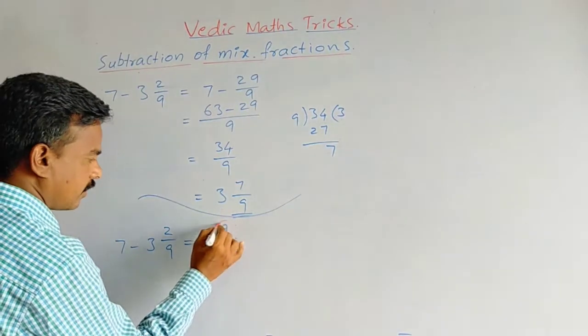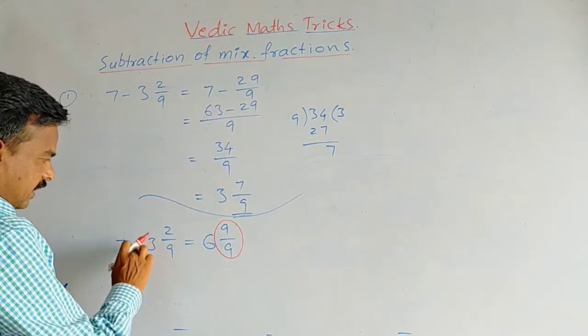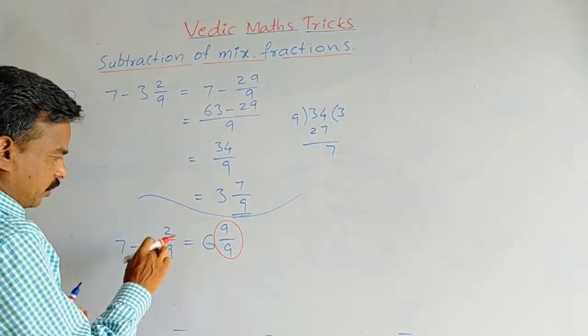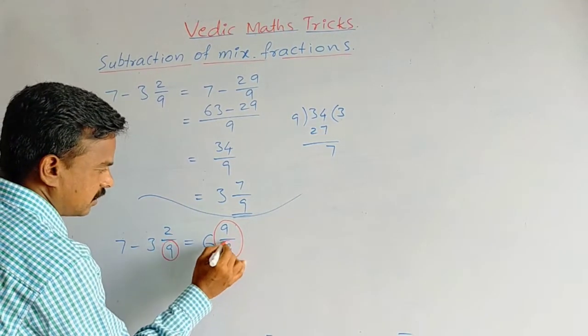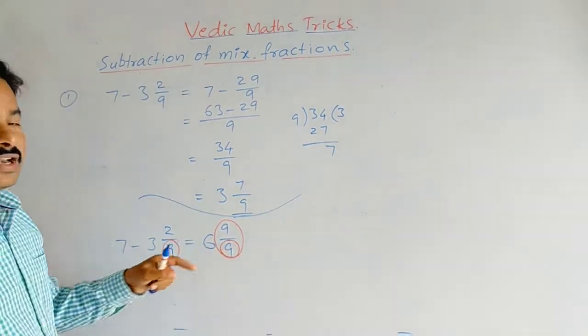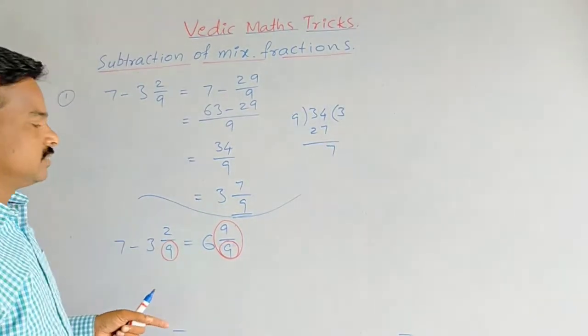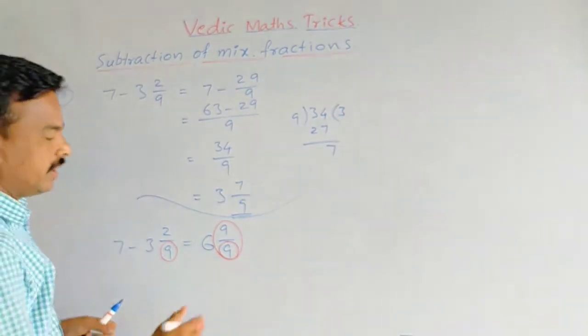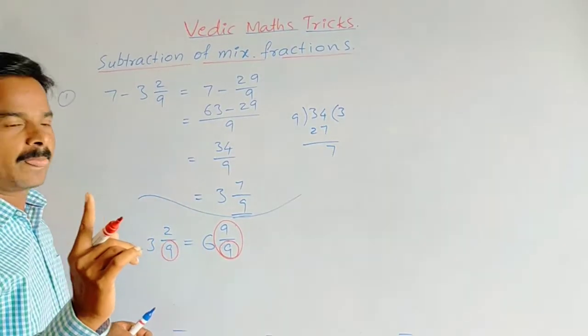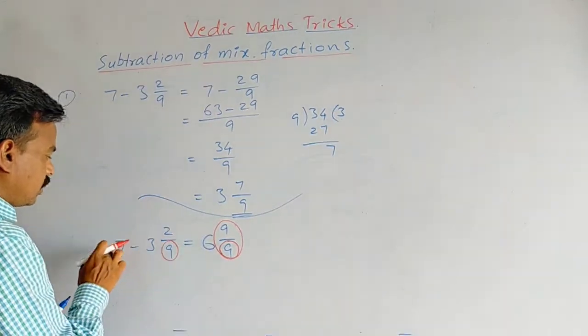Here in the second fraction, that means in the mixed fraction, the denominator is 9. Also here I will write denominator 9. In the numerator also the same 9 by 9. 9 by 9 is 1, and 1 plus 6 is equal to 7.